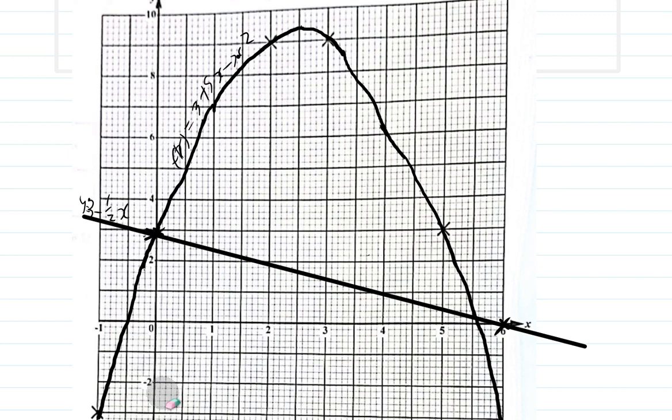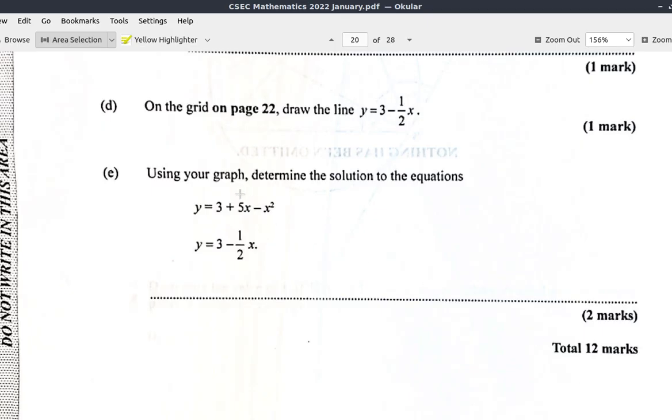I had put f of x, but you could write y as well. But anyway, I want you to use a graph. Using the graph, determine the solution of this. So, what would you say is the solution? Pause the video and write them down. Alright.